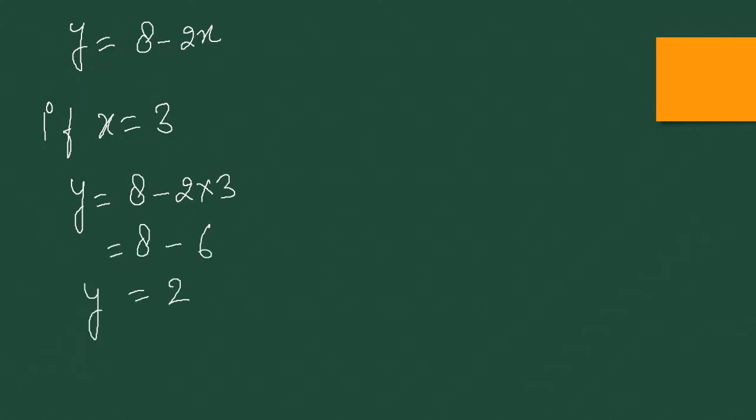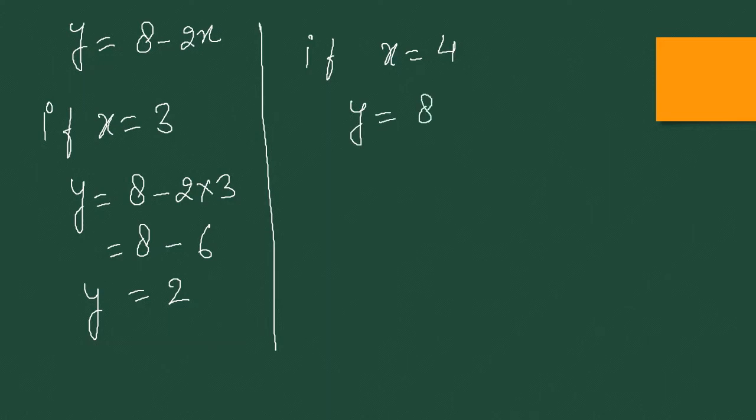But for the second value, that was -2, I don't want to take -2 because the value of y will be too large, so it will not be on the graph paper. So I take the next value, x equals 4, so y equals 8 minus 2 into 4. y equals 8 minus 8, that is 0.